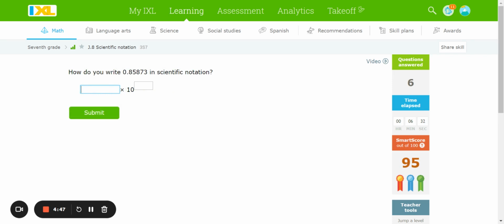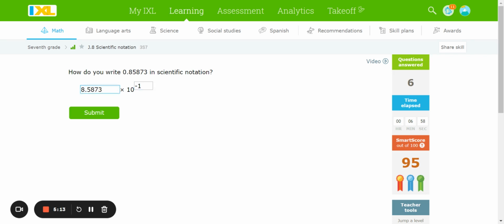Let's do this last one. So I have my number right here, 0.85873. And here's where my decimal is. I want my decimal to be in between the 8 and the 5. So I want it to be right there. How many times do I have to jump my decimal to go from there to there? Well, I only had to jump it one time. But this time it's going to be a -1 because I had to jump it to the left.